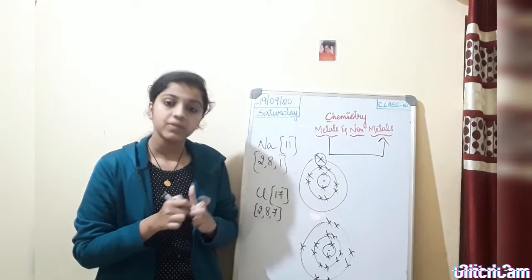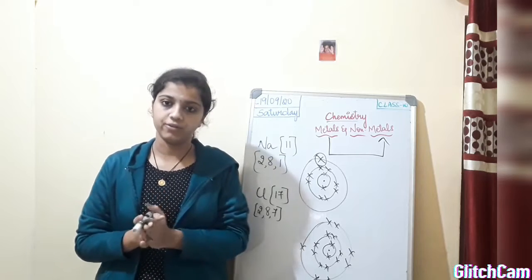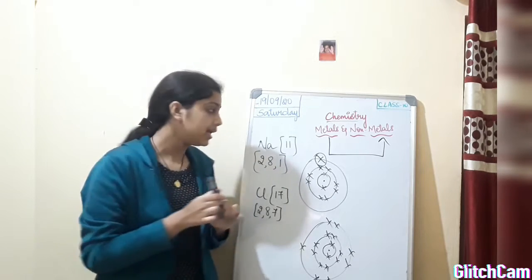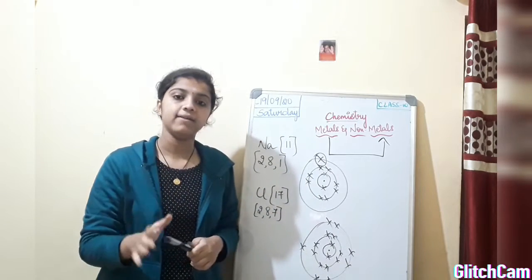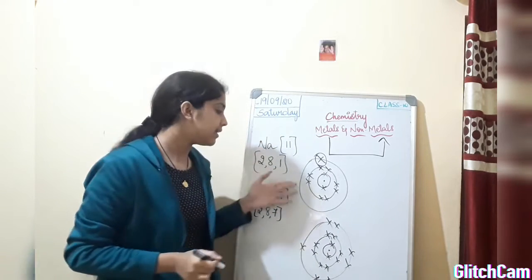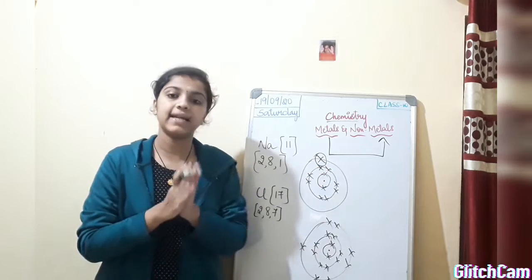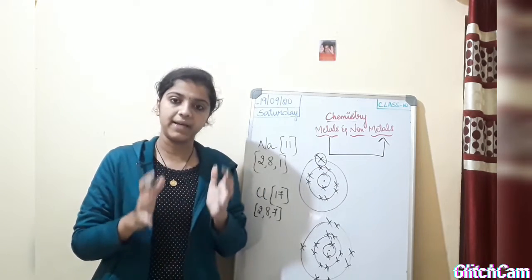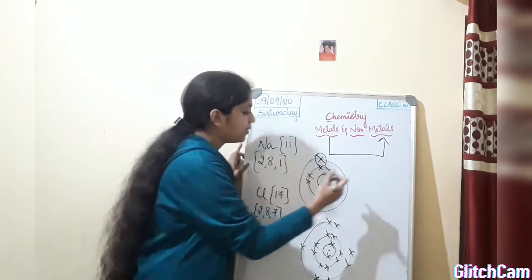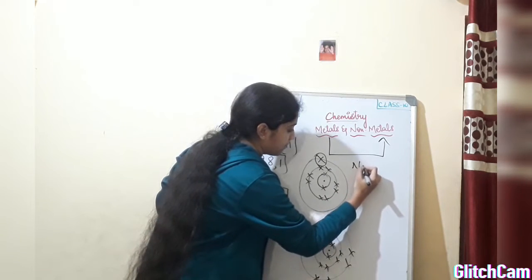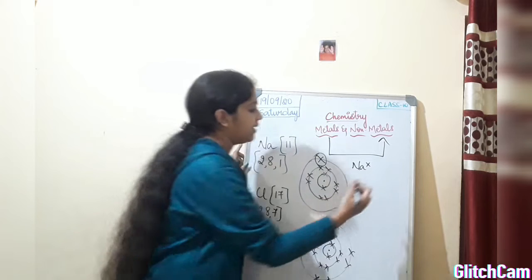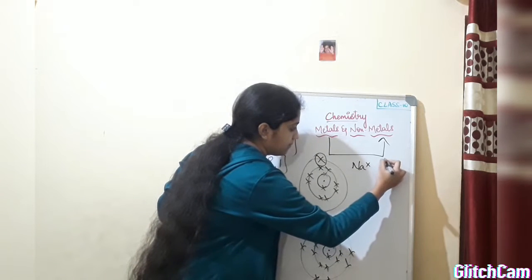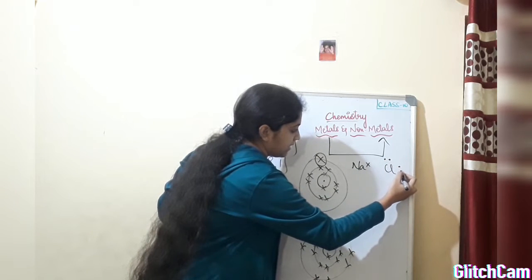So now you already know the octet rule. The octet rule is a rule where the outermost shell must have 8 electrons, and when it has 8 electrons, that element or compound becomes stable. Now Na has 1 electron in its outermost shell and chlorine has 7.